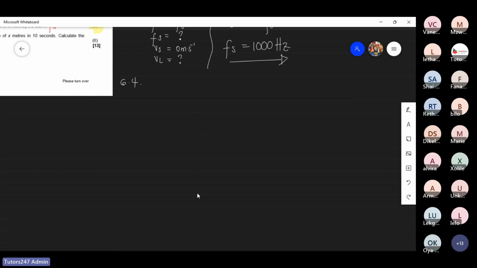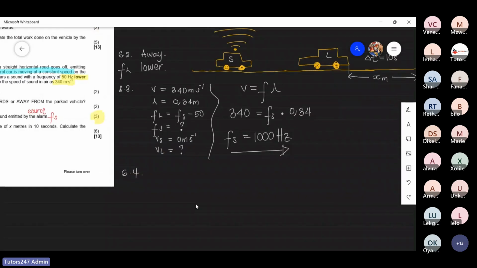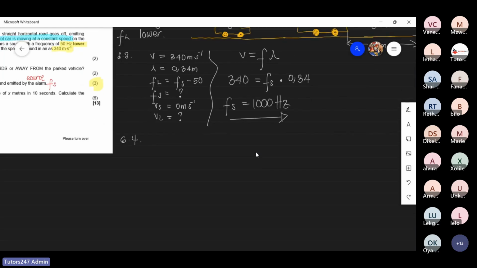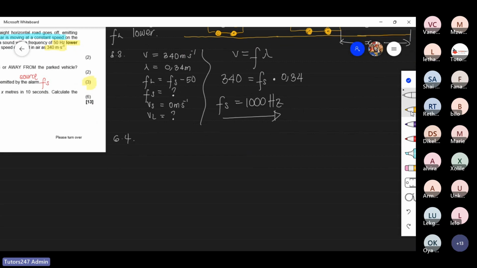So let us look at what we have. In our previous question, we calculated the frequency of the source. Because we calculated the frequency of the source, we now know what the frequency of the listener is. Because keep in mind that the frequency of the listener was just 50 hertz less than the frequency of the source.